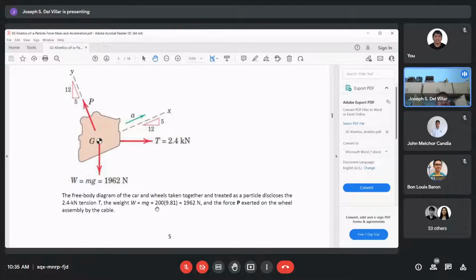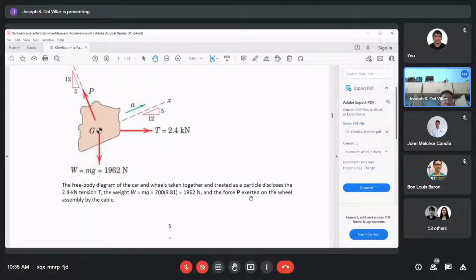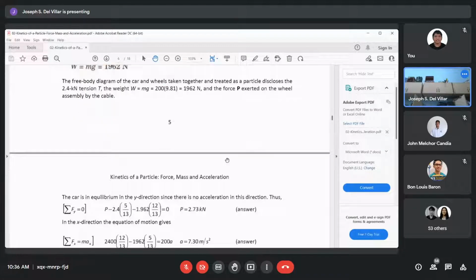So the free body diagram of the car and wheels taken together, okay, and treated as a particle, this shows the 2.4 kilonewton tension, the weight and the force P. No?